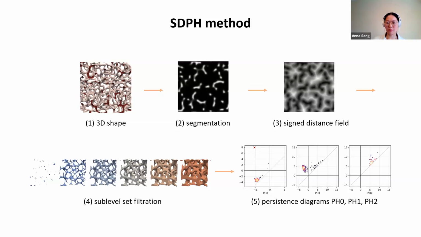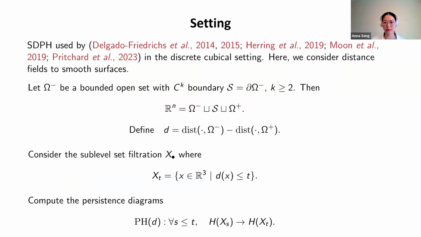For those of you who are maybe not that familiar yet, you obtain persistence diagrams in dimensions 0, 1, or 2, depending on whether you're studying topological features like components, cycles, or cavities. And persistence is about capturing the algebraic relationships between the lifetimes of these topological features. In fact, the way I presented it is formulated in terms of discrete cubical settings.